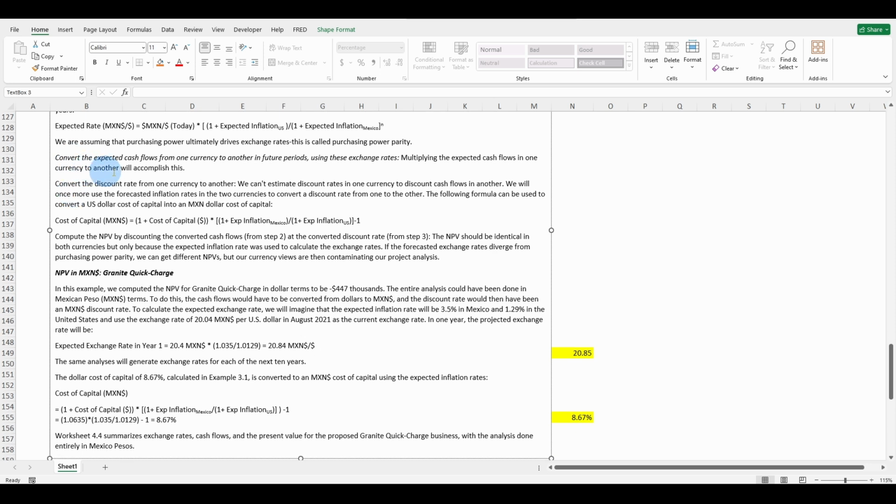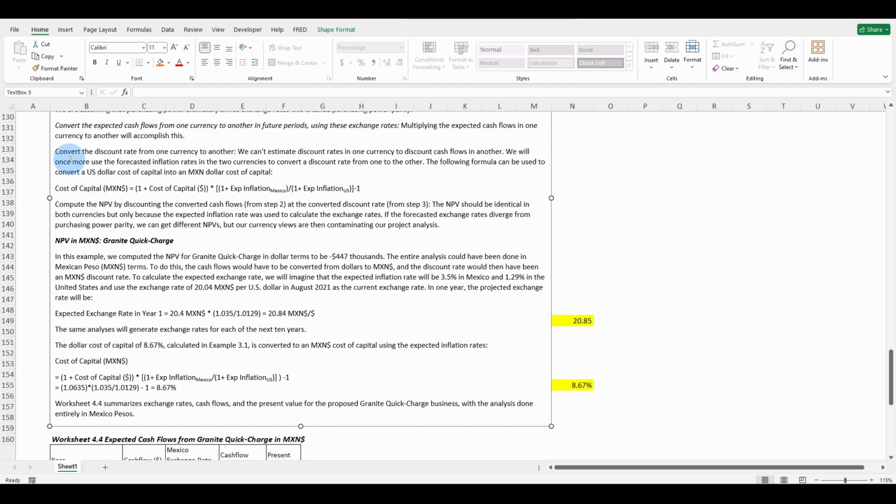Second, convert the expected cash flows from one currency to another in future periods using these exchange rates. Multiplying the expected cash flows in one currency by the exchange rate will accomplish this. Third, convert the discount rate from one currency to another. We can estimate discount rates in one currency to discount cash flows in another. We will once more use the forecasted inflation rates in the two currencies to convert a discount rate from one to the other.